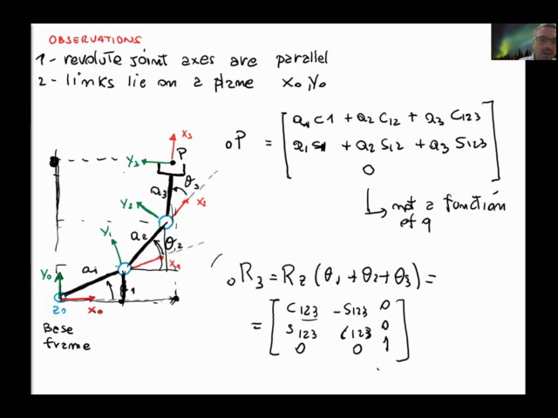So we computed the direct kinematics. We can even compose now the homogeneous transforms if we want to use this later to do other computation.